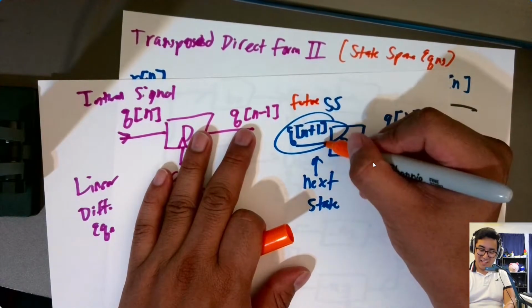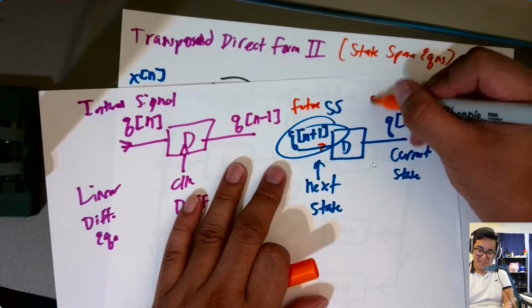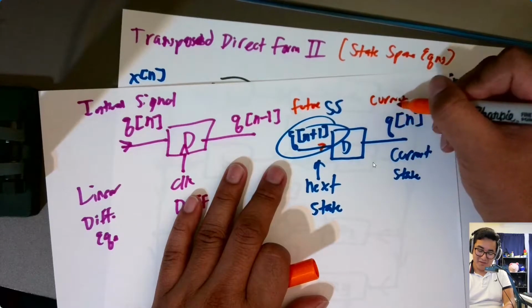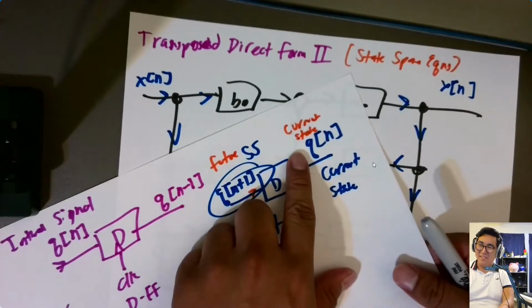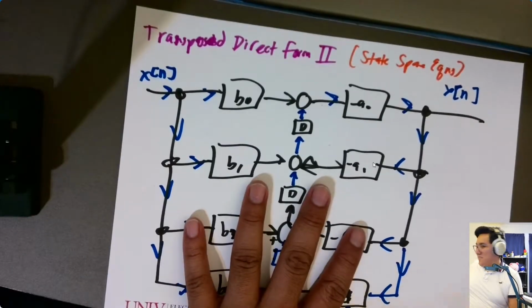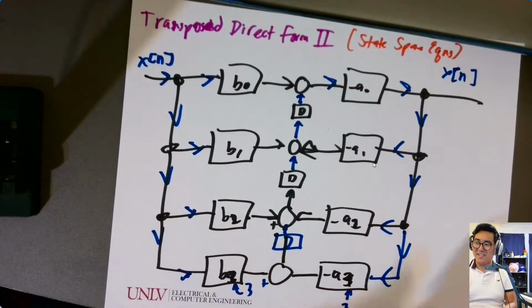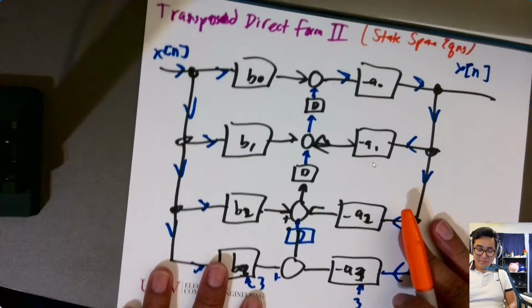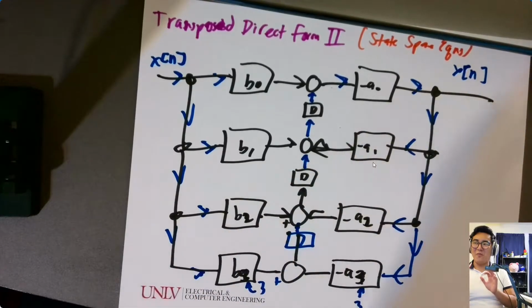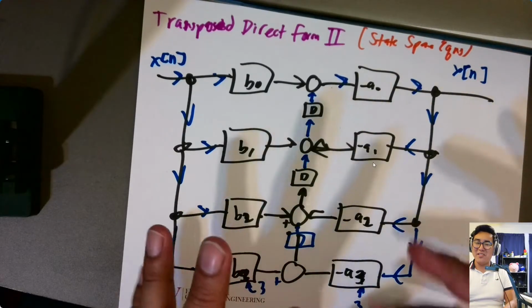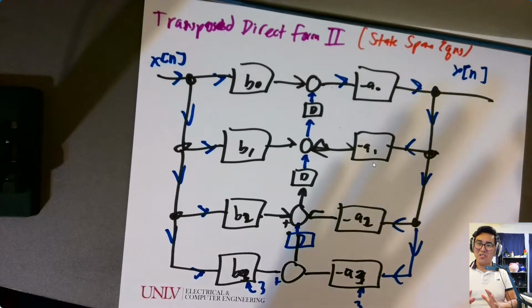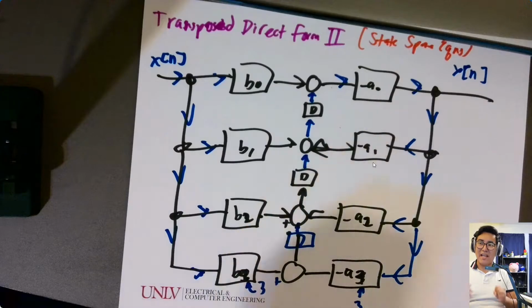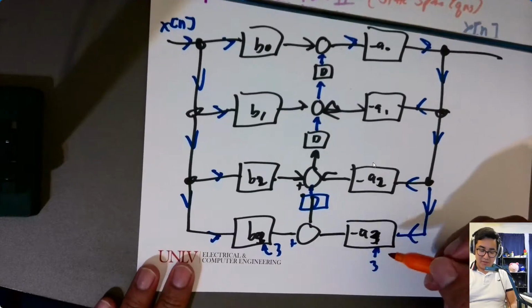We're going through a delay, and then we have a current state. That's what I'm trying to explain, but maybe the assignment will make more sense when I try to do it. We're going to make all the equations for the outputs and the next states functions of current states and current inputs. So how do I do it?